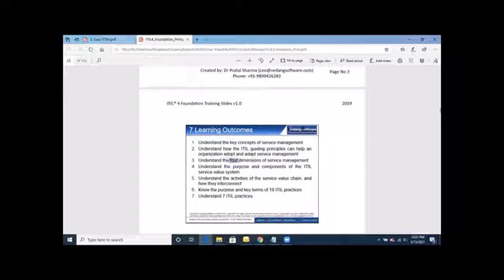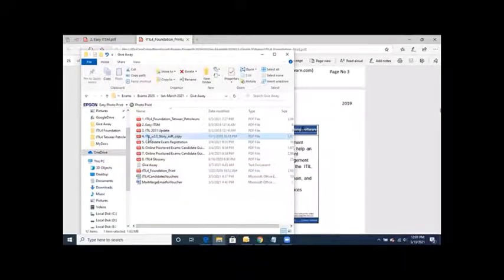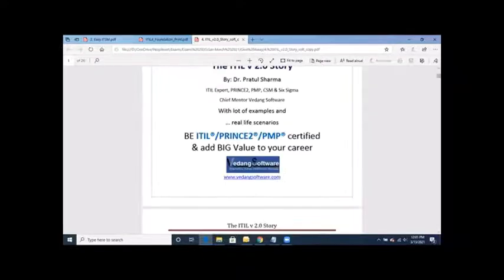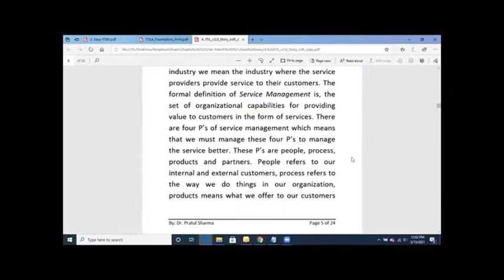Other than this, there are 4 dimensions. In this book, the book which you have just read, or which I recommend to read before the training session, ये जो आपकी story book है, in this story book, there is a mention of 4 P's of IT service management. And these 4 P's are people, process, products, and partners.